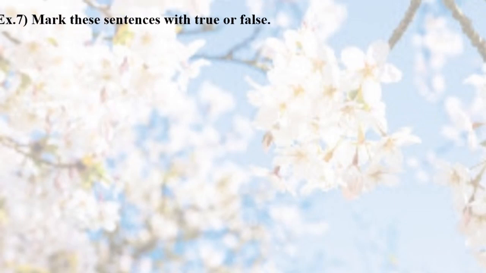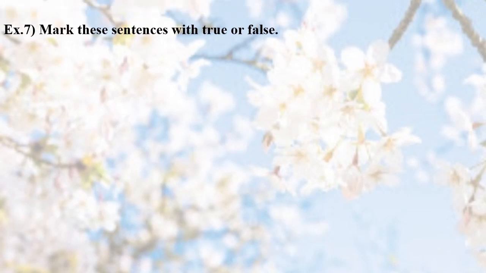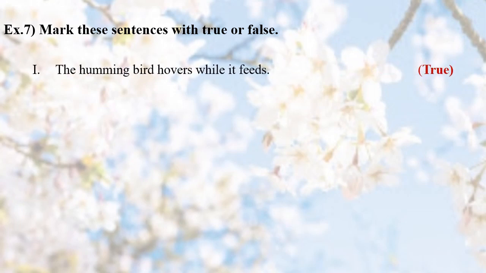In exercise 7, you have to mark these sentences as true or false. Students, you can write down true or false in front of these sentences, or you can mark them with a tick or cross. Number 1, the hummingbird hovers while it feeds. The sentence is true. Number 2, fish do not chew food, and the sentence is true.